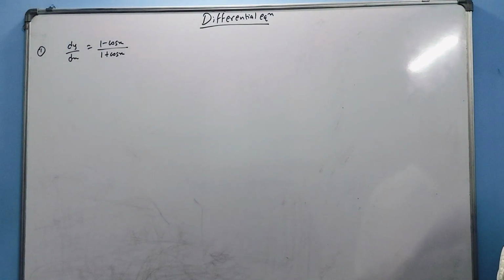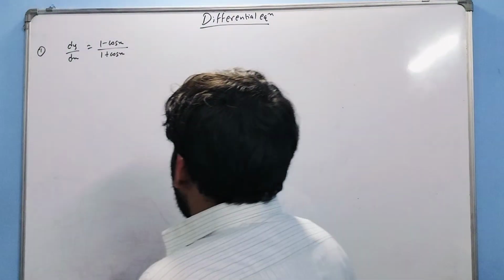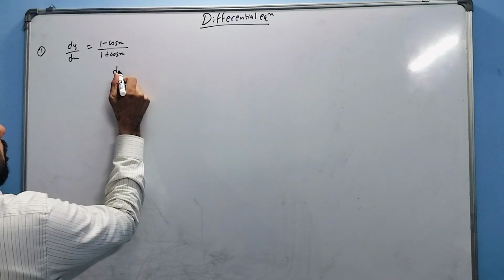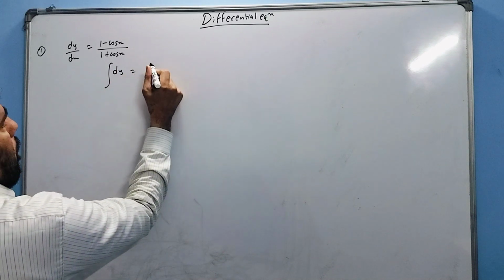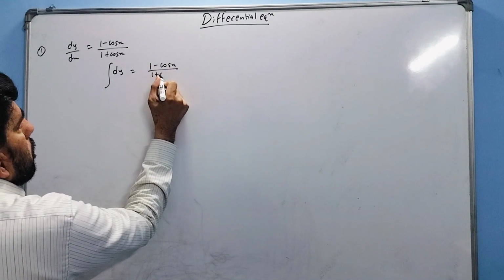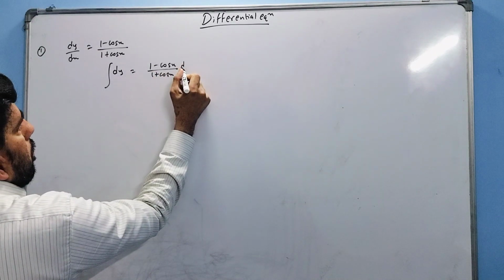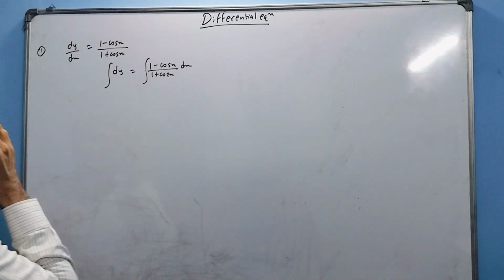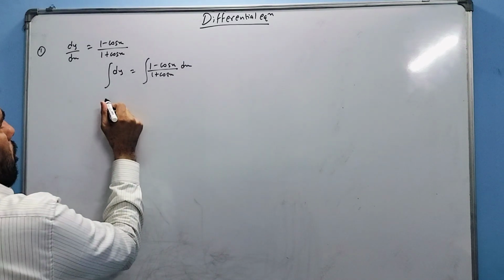The question is 1 minus cos x upon 1 plus cos x. Okay, so here we'll try to solve the question. We have (1 minus cos x) upon (1 plus cos x) dx like this. So now we'll try to solve.